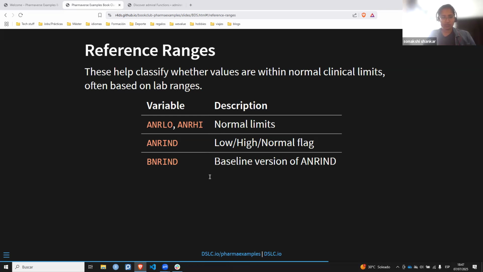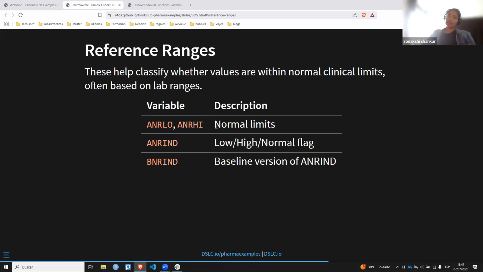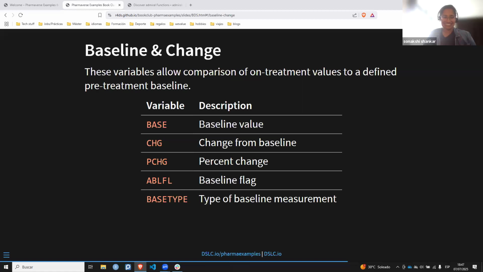Yeah, now you can skip this. These are the low and high limits for a parameter. And then you will have analysis windowing variables, whether it's out of the window or not, and how many days different. Okay, yeah, and now I remember. No worries. Perfect.